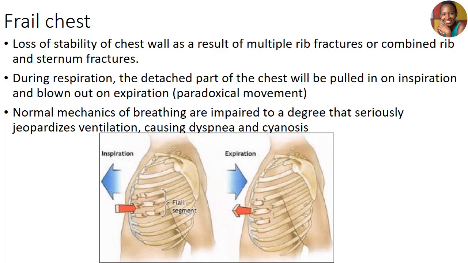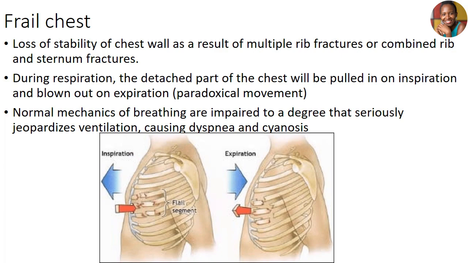So in flail chest, there is what is very conspicuous for our patient, and this is what we call paradoxical movement. Paradoxical movement here means the chest movements are not occurring in the normal manner that we expect.